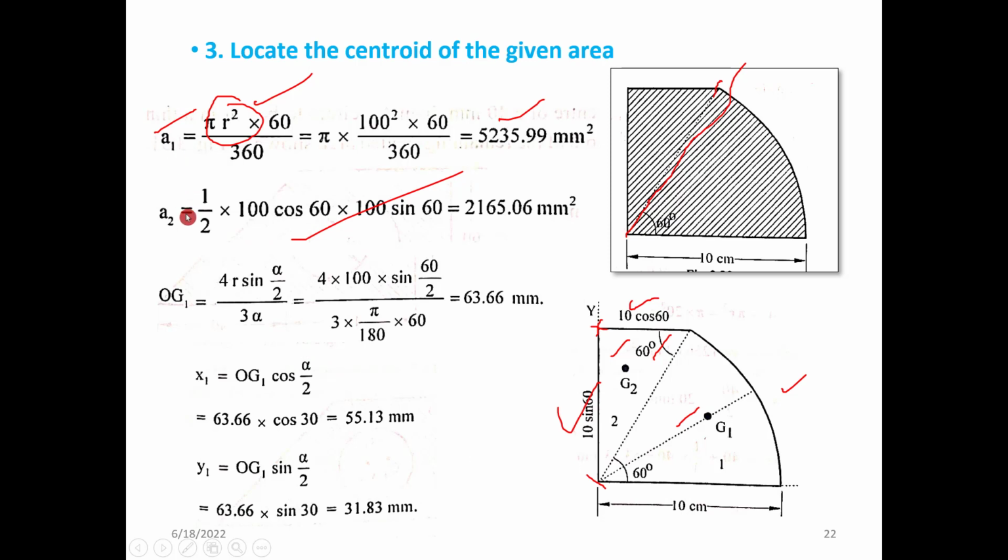So A1, A2 is found out, and OG1. OG1 is the centroid of this sector, measured from this point.